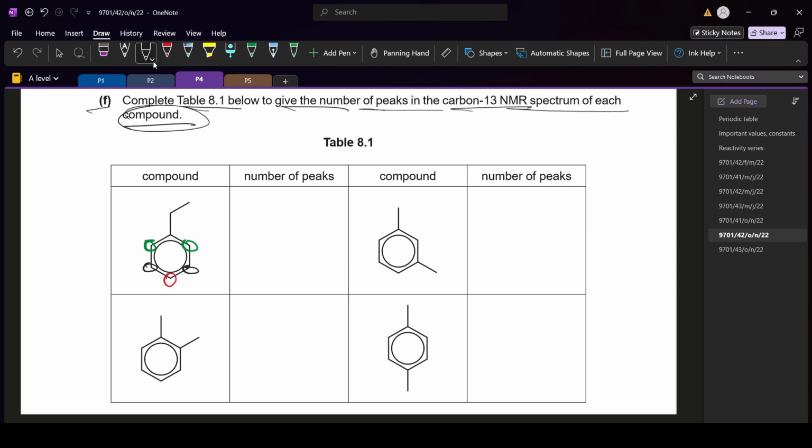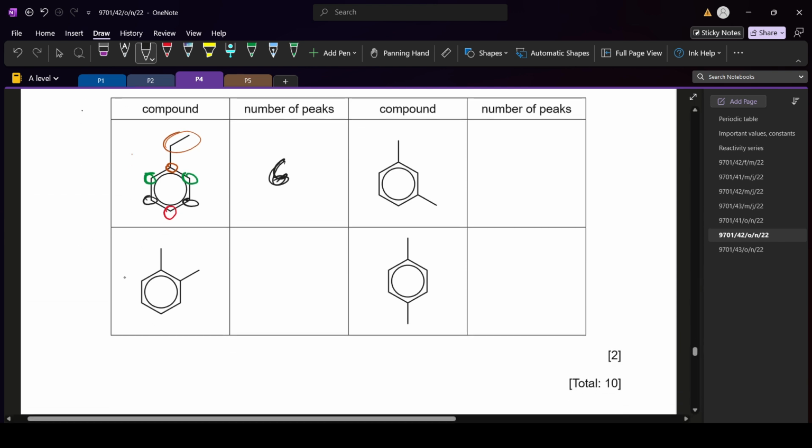Then this carbon will have a different environment, and these both carbons will also have a different environment, so there will be 6 peaks for this compound.